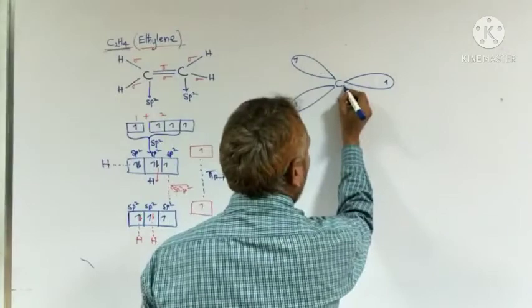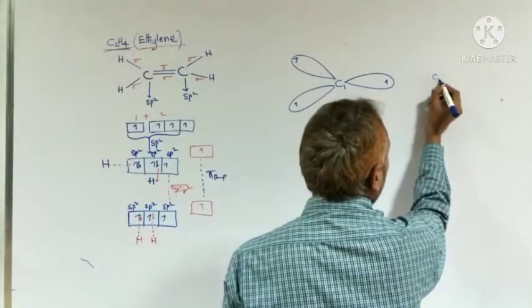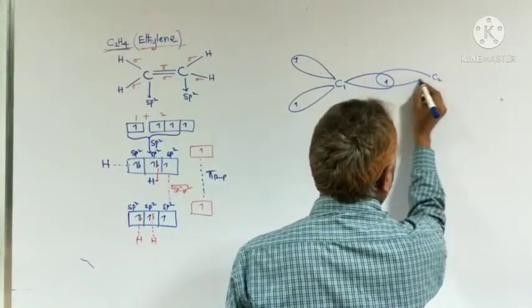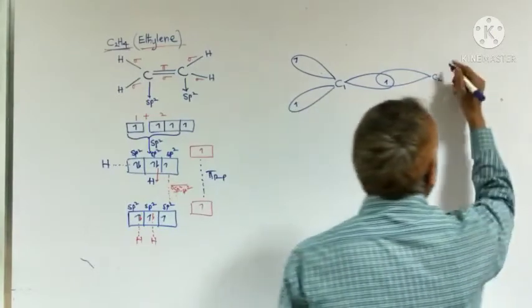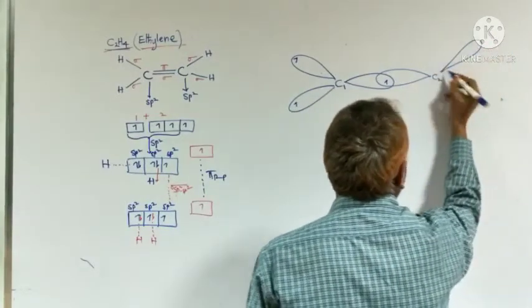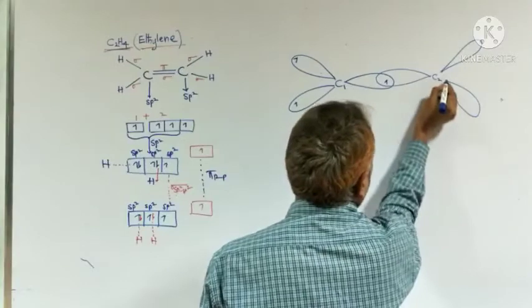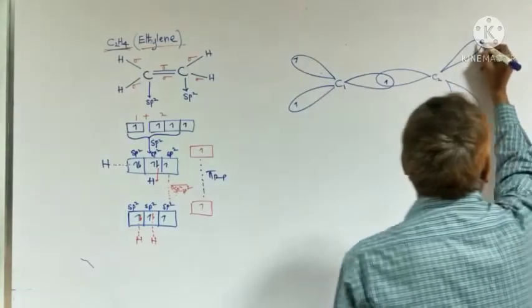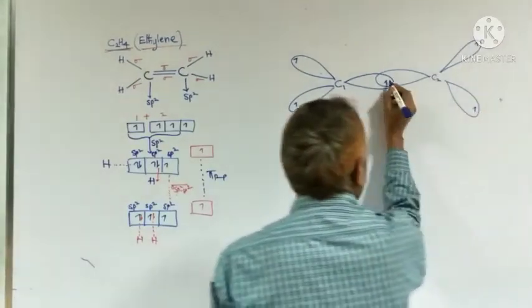This is the C1 carbon. And the C2 carbon also contains 3 hybrid orbitals, and these 3 hybrid orbitals contain unpaired electrons.